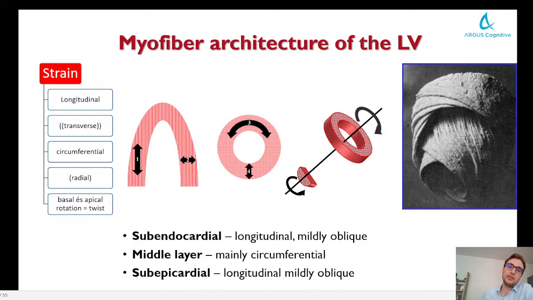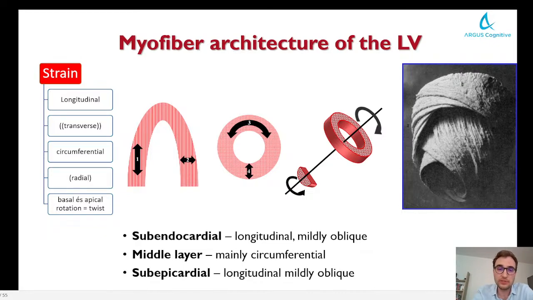The middle layer of the left ventricle consists of mainly circumferential fibers. So the assessment of the circumferential shortening, the circumferential deformation, may bring us closer to the function of that layer. And we also have a subepicardial layer, which is also longitudinal and mildly oblique in architecture.